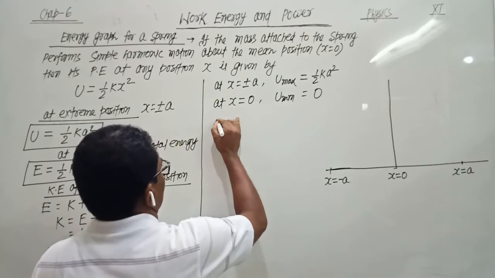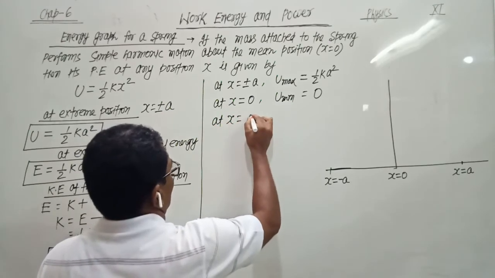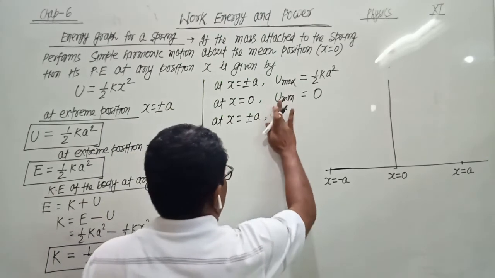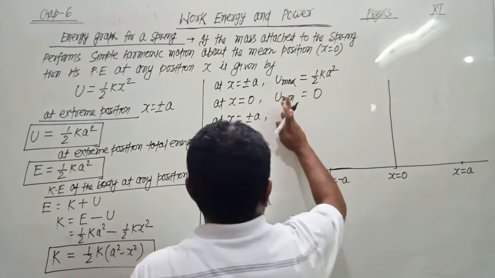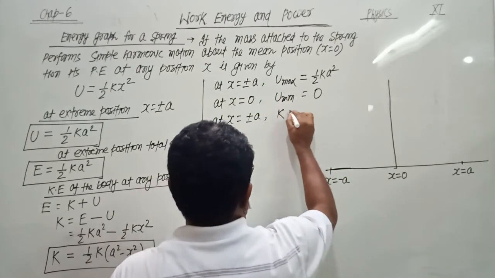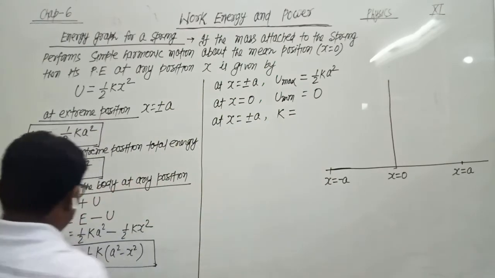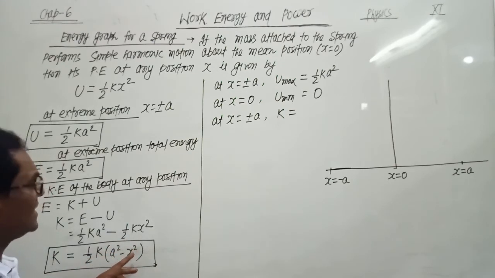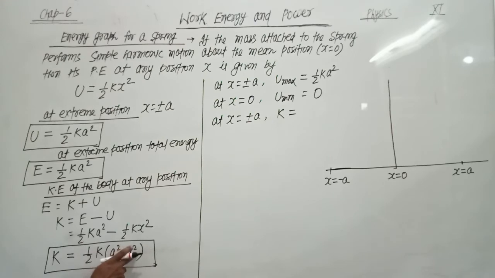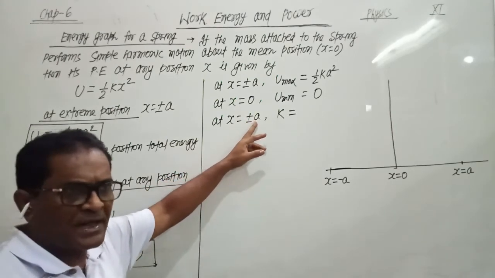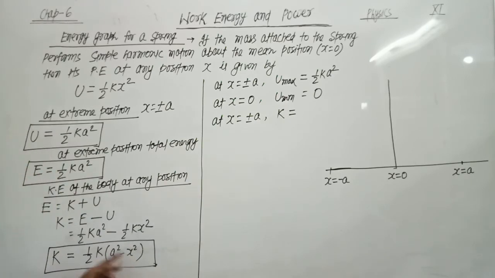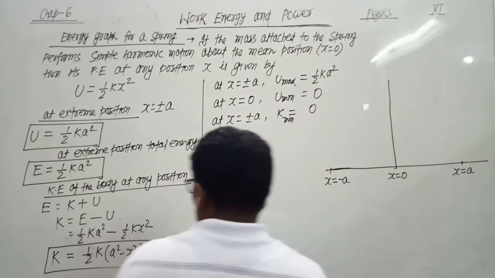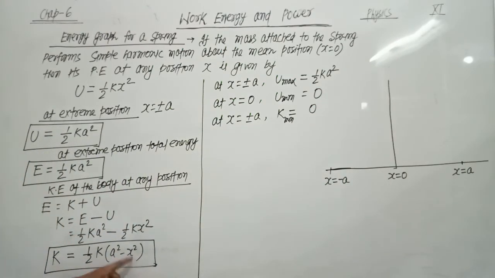Now the kinetic energy at x equals plus or minus A. Kinetic energy at any position is 1/2 k (A² − x²). So when we put x equals plus A or minus A, in both conditions we get minimum kinetic energy, which equals 0, because A² minus A² becomes 0.